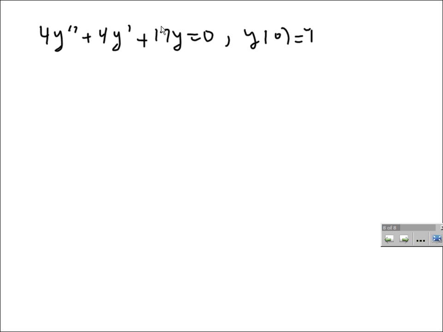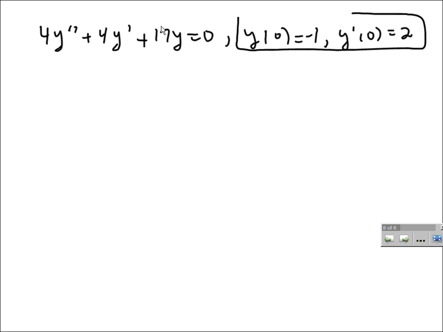Y of 0 is negative 1 and y prime of 0 is good old 2. So basically, we're going to ignore this to the very end. We're going to solve this equation.